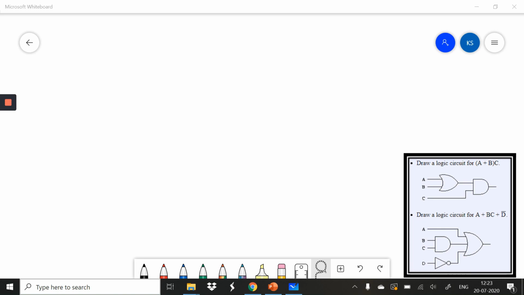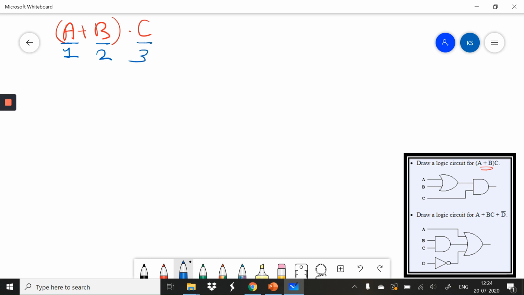So let's start. Our Boolean expression is A plus B and dot C. Very first, identify the variables, or the total input lines, from the given expression. Here we have a total of 3 different variables: 1, 2 and 3.